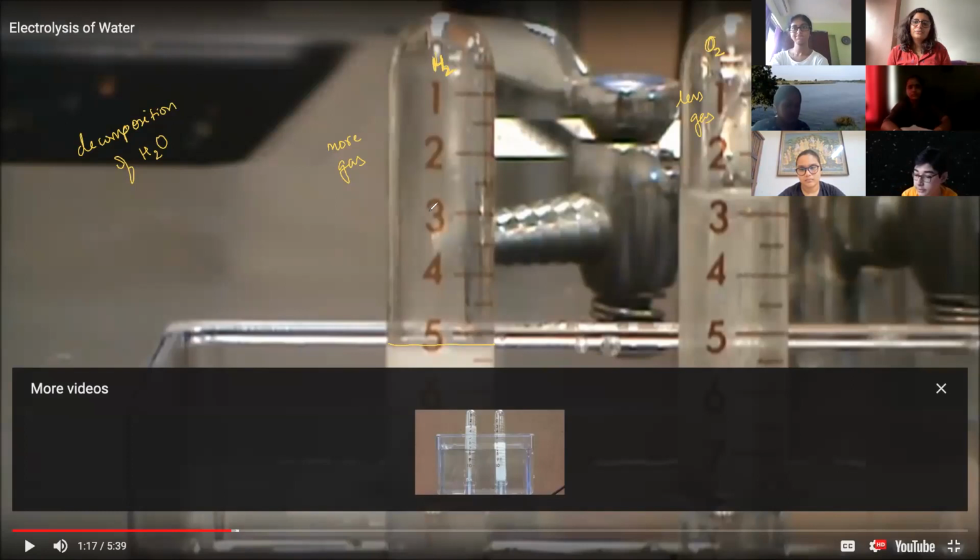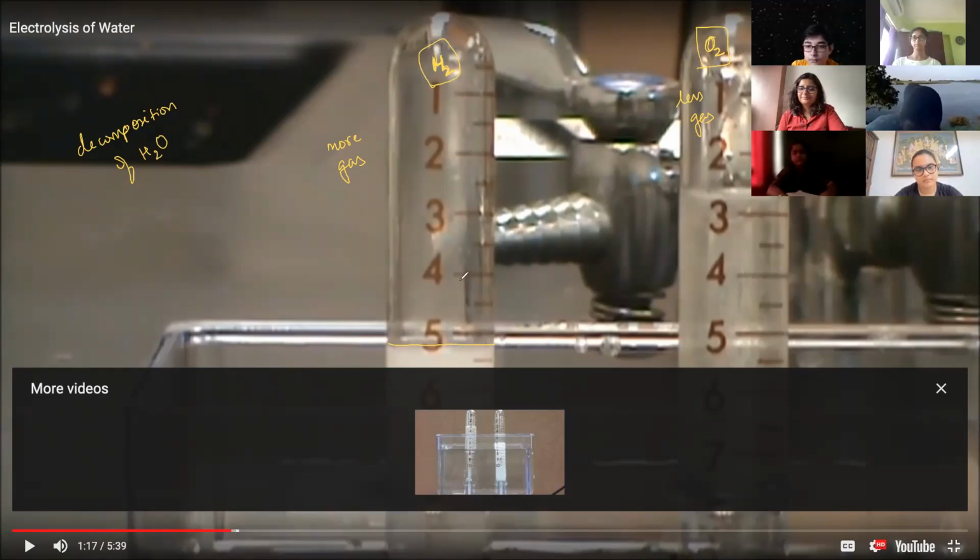Okay. So what Parvati answered is absolutely right. The one with more gas, left side, is hydrogen, and the one with less gas, right side, is oxygen. Parvati, can you tell me the reason why you thought this is hydrogen and this is oxygen?